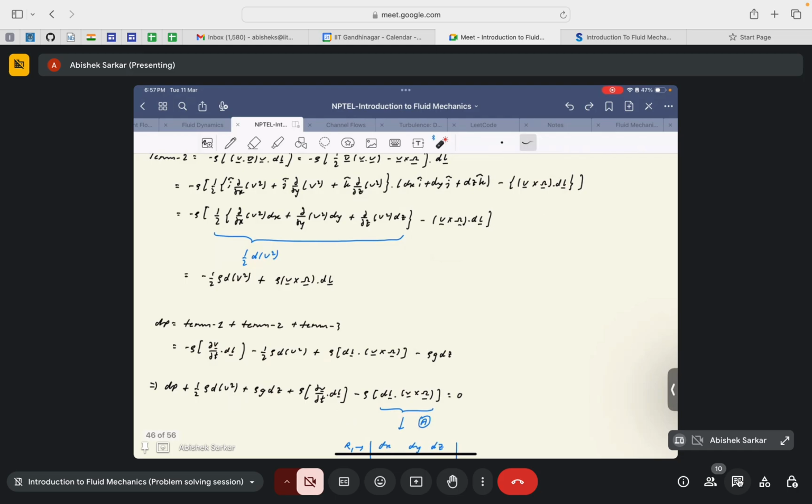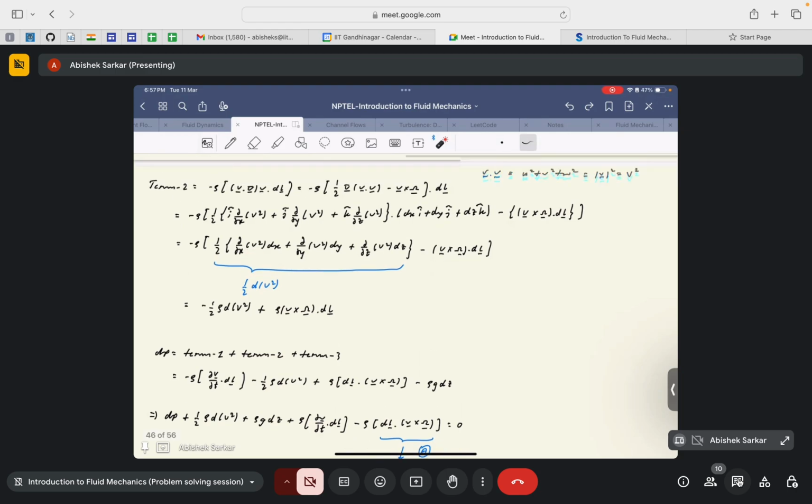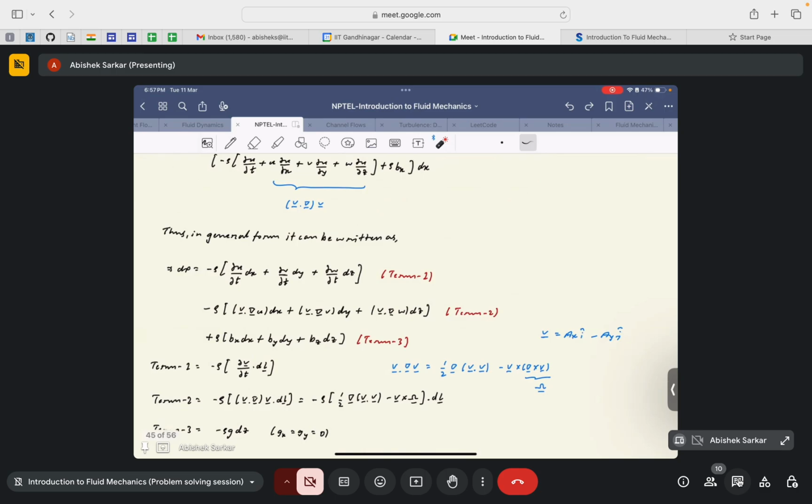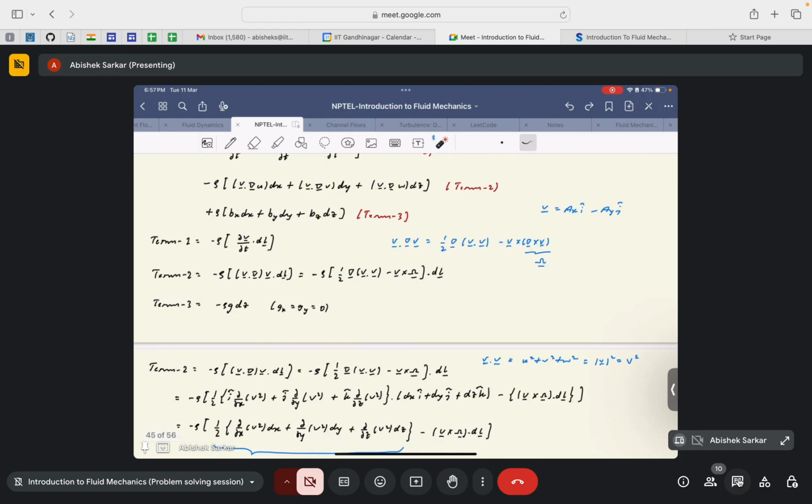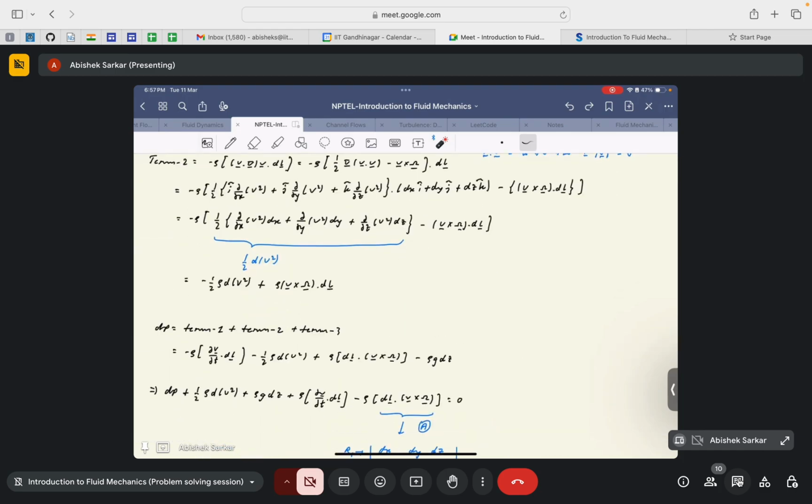And this term, if you see, is basically the complete derivative of this scalar v square, something similar to what we have done here. If I go back here and substitute p by half v square in this expression, this expression will exactly give this term. So it's basically half of d v square, where d v square denotes a complete derivative of the square of the modulus of the velocity vector.